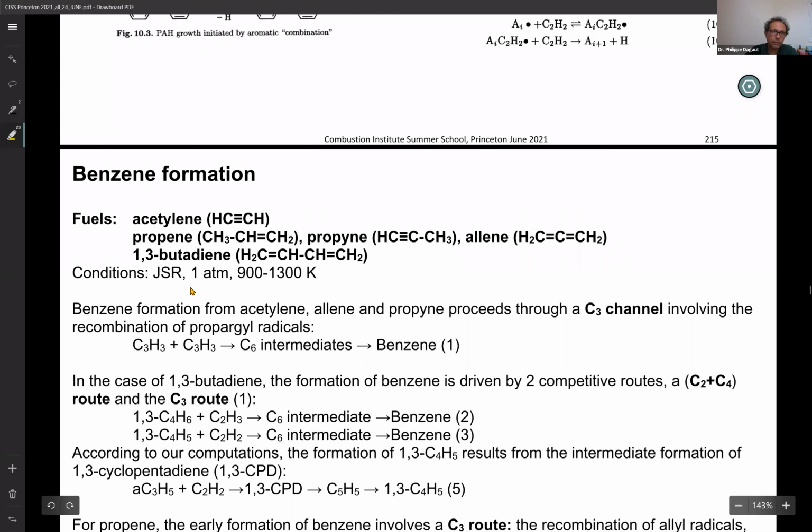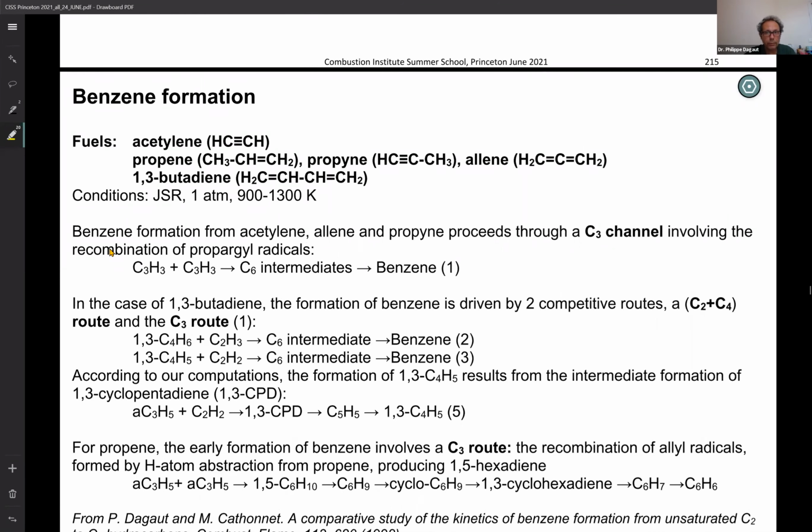So we operated in a jet stirred reactor over this temperature range at atmospheric pressure. And we collected samples, analyzed them, and we performed kinetic modeling. And then we figured out, according to our model, which were the important reaction pathways. And what's interesting is that these reaction pathways are not the same when you change the structure of the fuel.